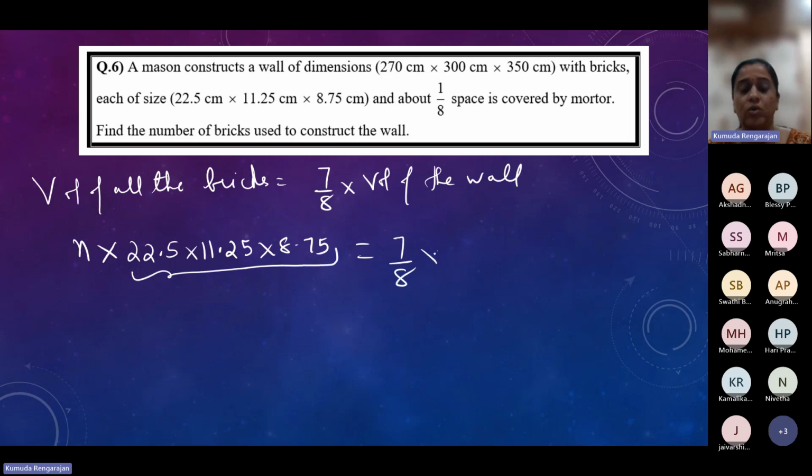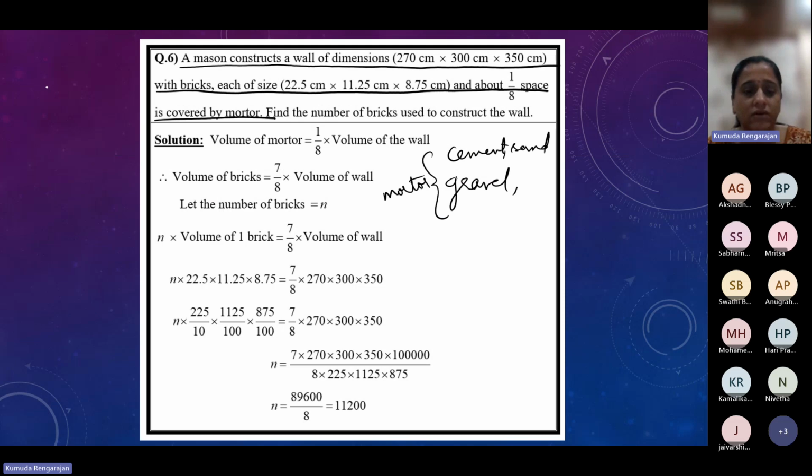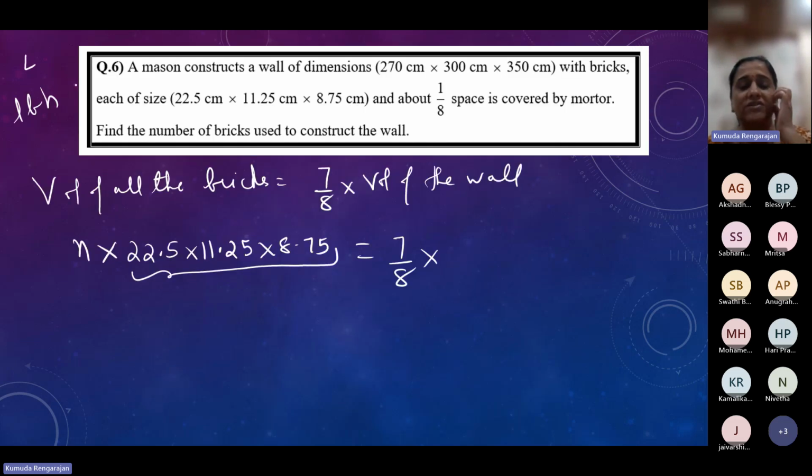This is equal to 7 by 8 into volume of the wall, which is again a cuboid. Both the wall and the brick are cuboids. So in both the cases, the formula to find the volume is LBH. You can use small lbh for the brick and capital LBH for the wall.